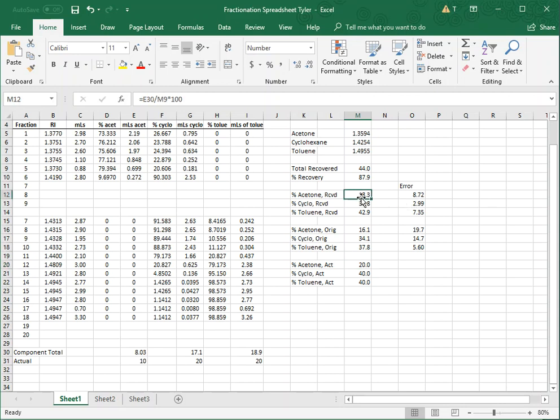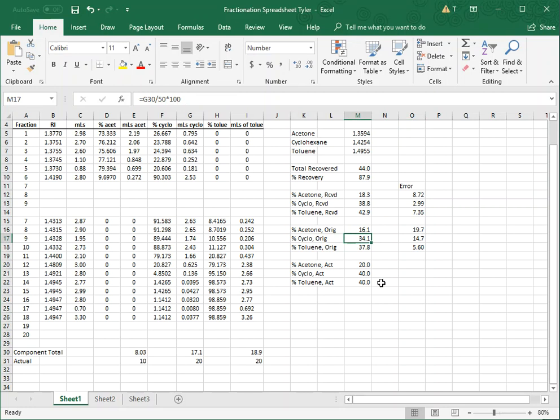So 18.3 gave me an 8.7% error. When I use the actual total volume of 50, it looks like my error goes up, and it almost doubled here this time to 19.7, right? Cyclohexane, this person, if I use the recovered amount, received a 2.99% error.